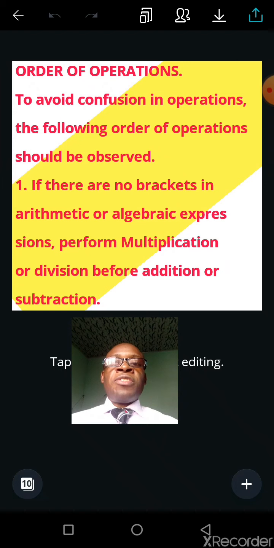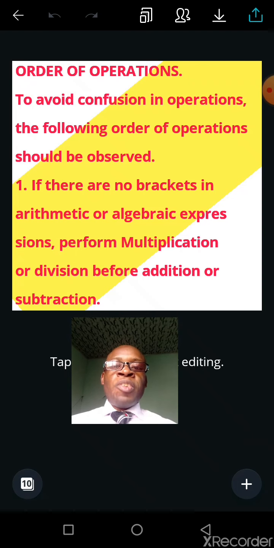The next is order of operations. As I told you earlier, when there are brackets, there is an order of operations that has to be observed, that has to be adhered to. To avoid confusion in operations, the following order should be observed. 1. If there are no brackets in arithmetic or algebraic expressions, perform multiplication or division before addition or subtraction.